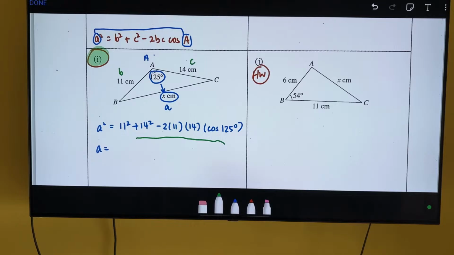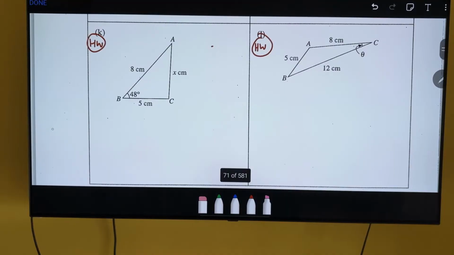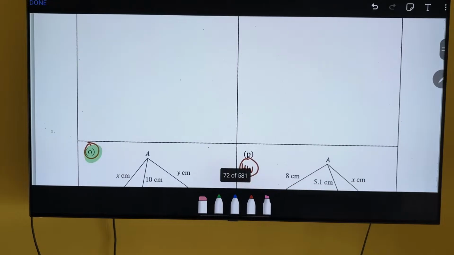And I would end up with 22.218, which is 22.2 cm, 3 SF. Okay, so try to get the hang of this cosine rule by trying questions J, K, L, M, N.